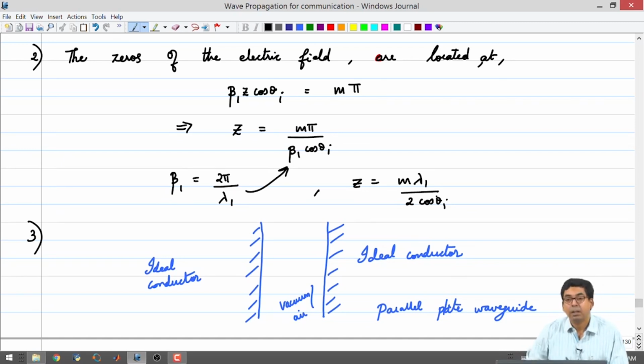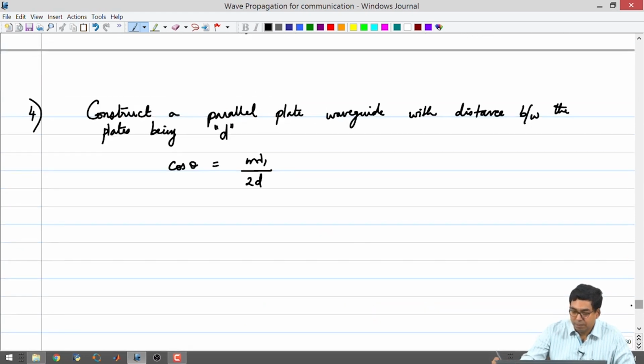Z is of course the distance between the two plates which has been replaced by d, all right, and cos theta I is m lambda 1 divided by 2d. This condition has to be satisfied for you to have zeros located in the manner in which we derived before, which means that we have to look at this a little bit more carefully.